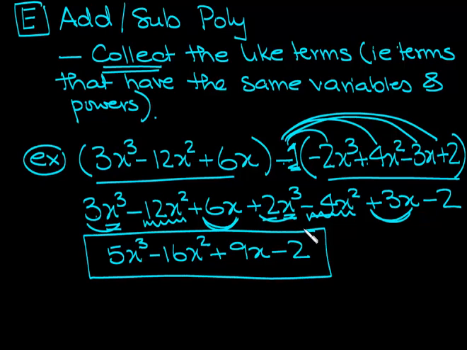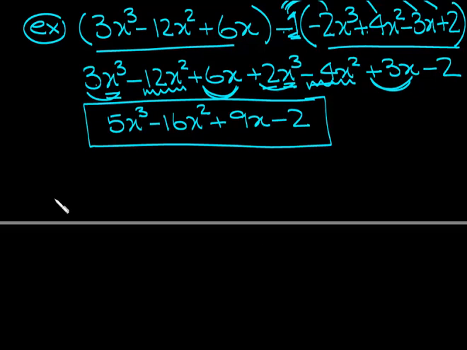Now, I do want to point out something just for future reference. There are actually middle steps happening in here that we don't write; we just collect them without performing those middle steps. For example, how do I add 3x cubed plus 2x cubed? We said that it is 5x cubed, but how does that happen?